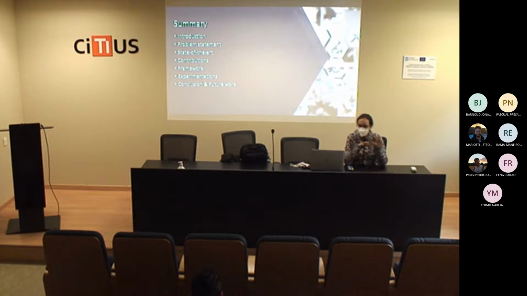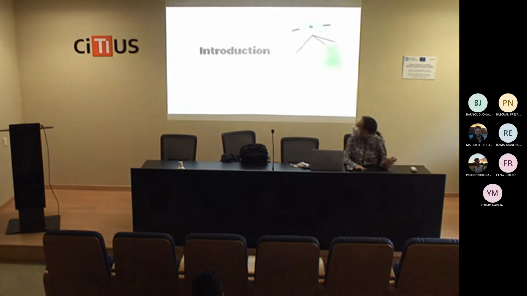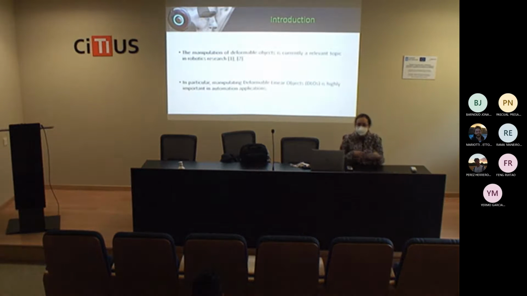And then I'm going to introduce, in a really brief way, the framework we use to perform our experimentation, and I'm going to show some examples of them. And in the end, I'm going to conclude the presentation by explaining what I'm planning to do as future work.